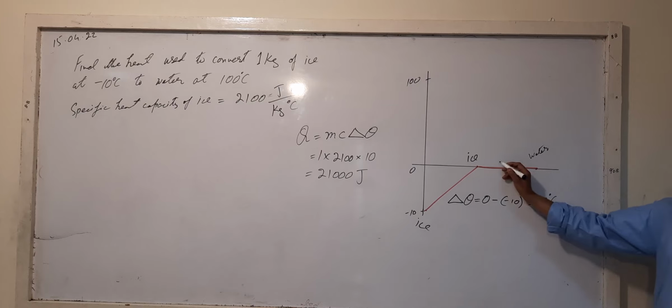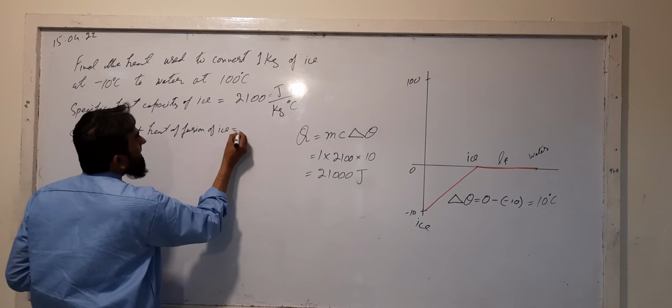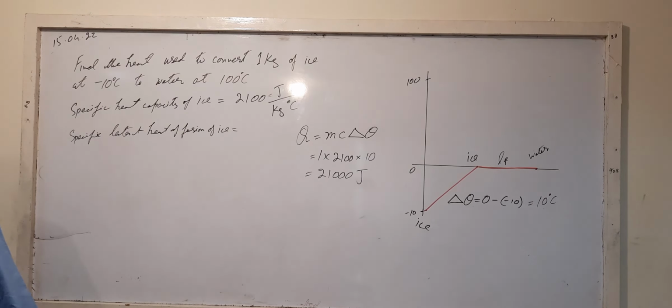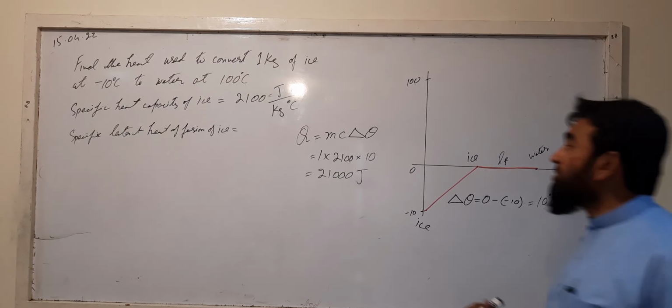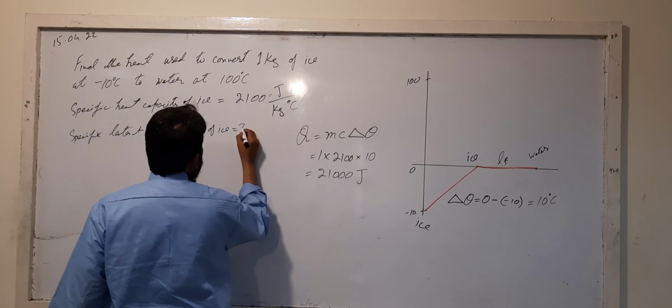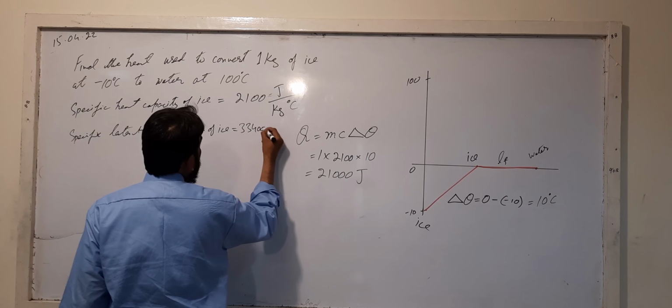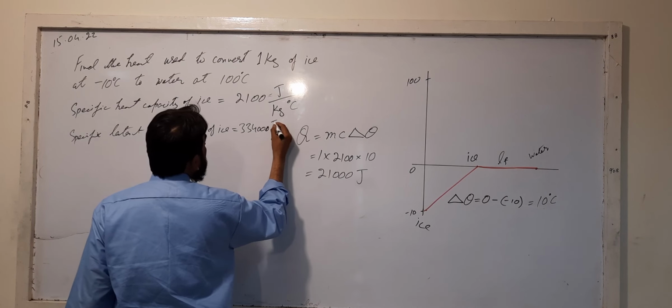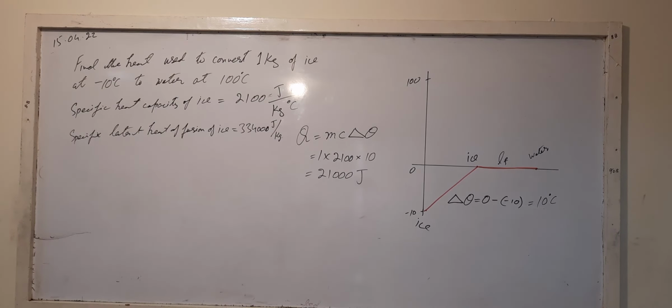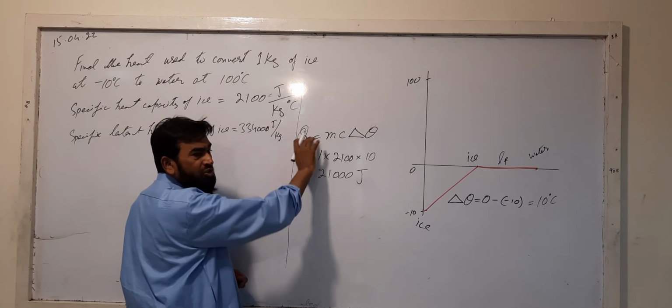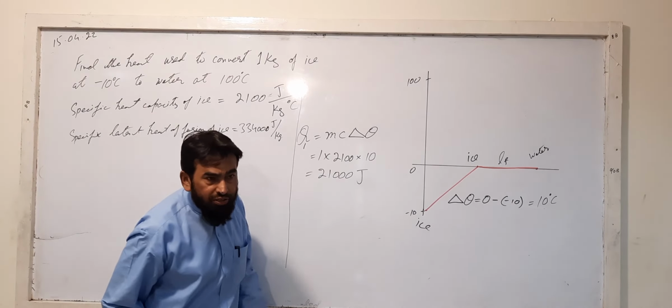Latent heat of fusion, LF. What is the value of the specific latent heat of fusion of ice? 334 kilojoule, that is 334,000 joules per kg. You can say that this is Q1 because this is the heat energy of the first stage.